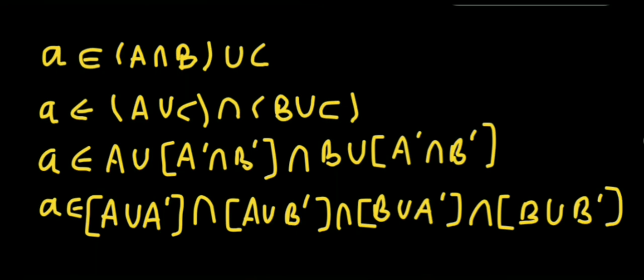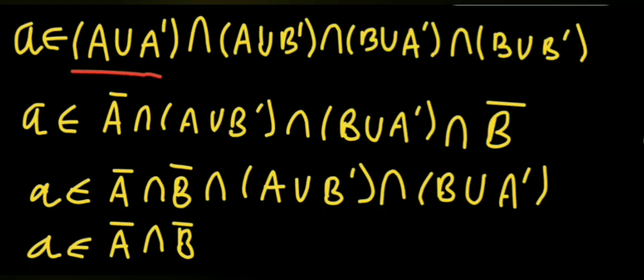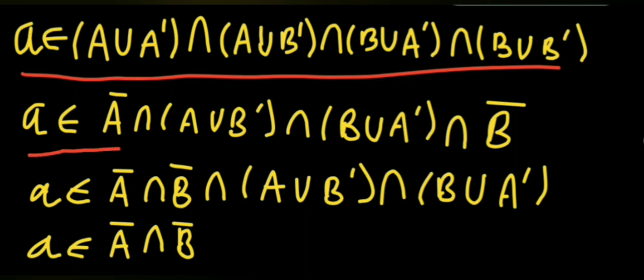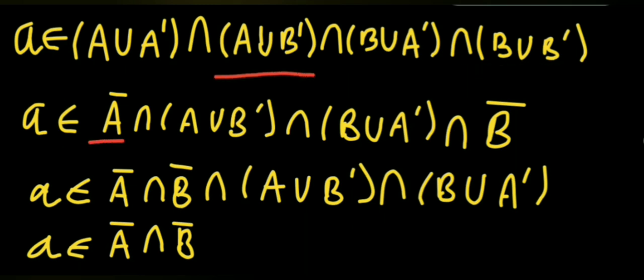Now we will again use the same result: A union A prime is the closure of set A and B union B prime is the closure of the set B. So in the next step, we can write this as a belongs to closure of A intersection (A union B prime) intersection (B union A prime) intersection closure of B. Now we can use the property of intersection and we can write it as closure of A intersection closure of B intersection (A union B prime) intersection (B union A prime).